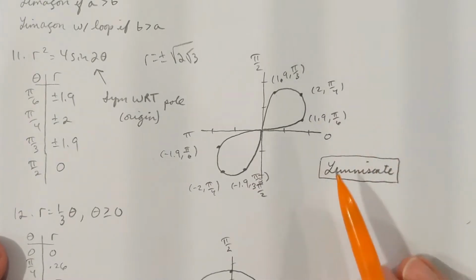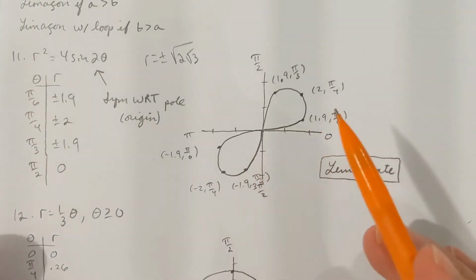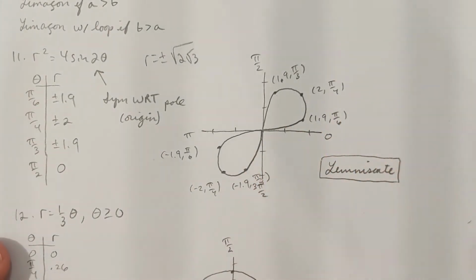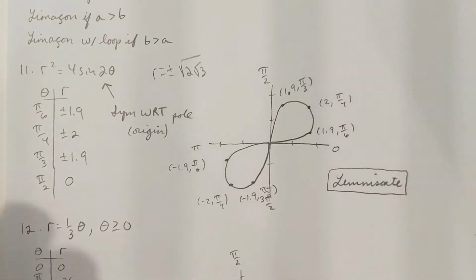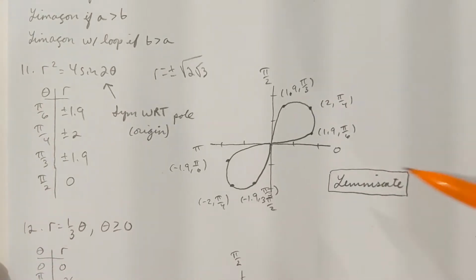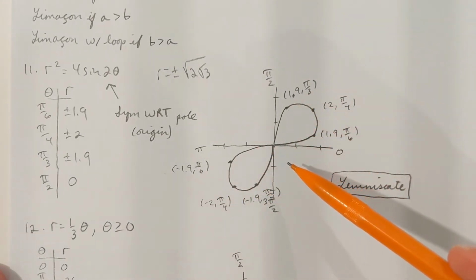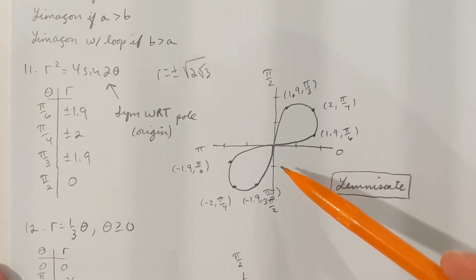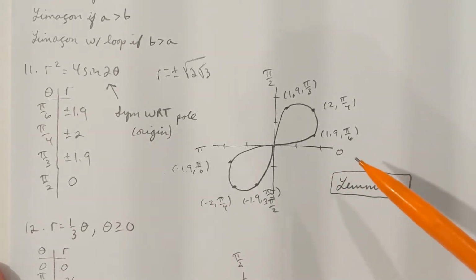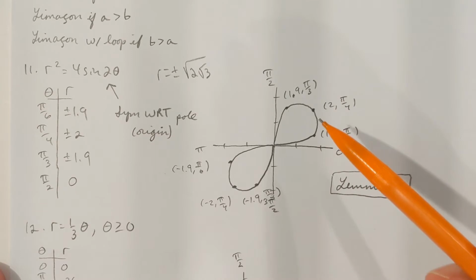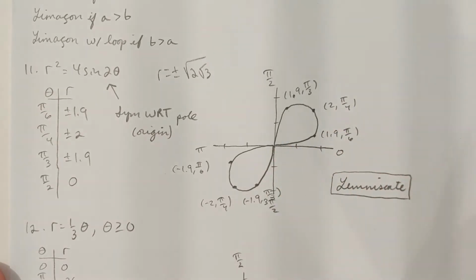A lemniscate is different from a limaçon. Like the words sound similar, but they're two completely different curves. A lemniscate is a figure 8 type curve. And of course, this curve is symmetric to the origin. Remember what symmetric to the origin means. Any point that you plot, (x, y), then (negative x, negative y) would also be there, if you're in rectangular coordinate form.